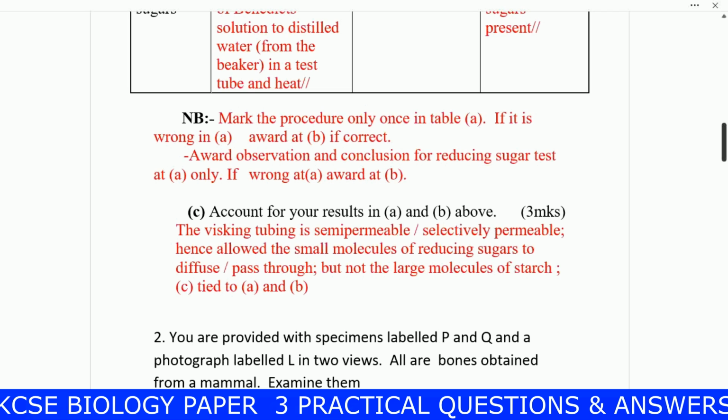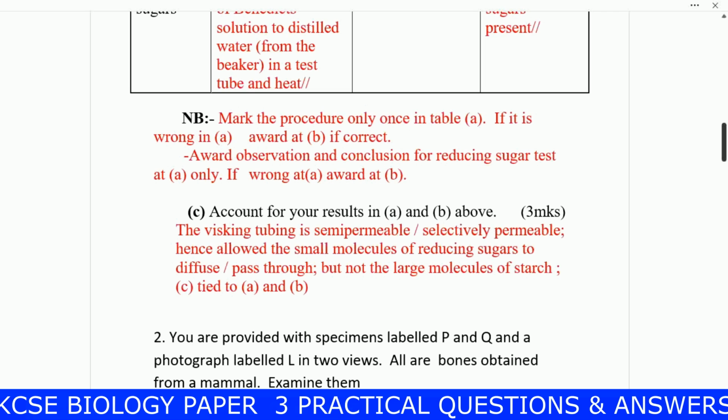Award the observation and conclusion for reducing sugars at A only. If wrong at A, award at B.